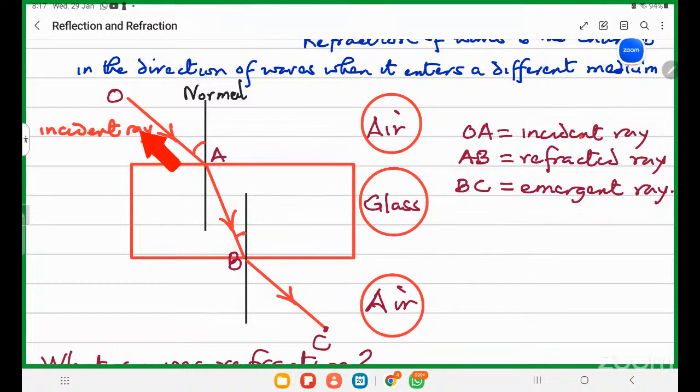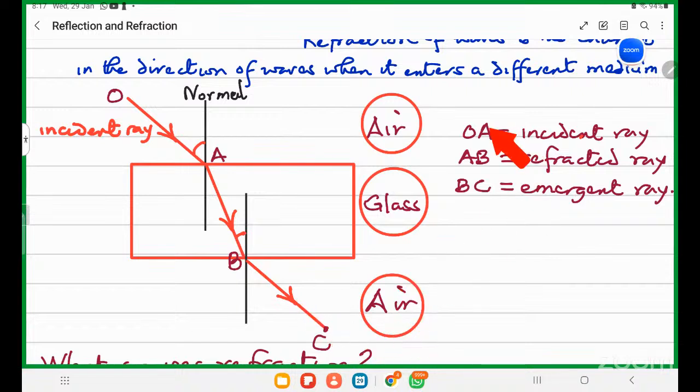So the incidence ray starts from the air. Immediately it enters the glass, it has to bend. Okay, you can see the direction changes when it was in the air, and then eventually changes again the second time when it enters back the air.